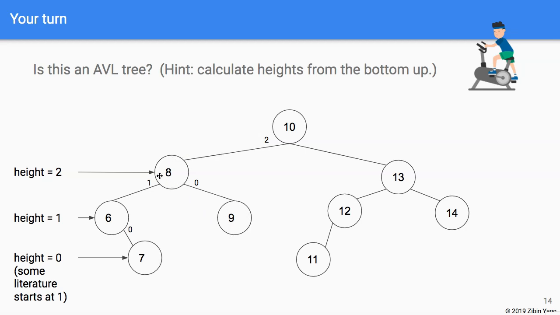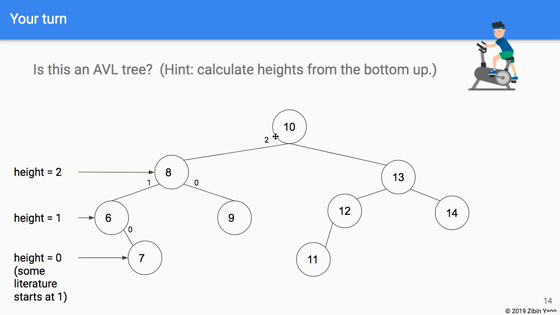Now, when we come to node 8, the left subtree is height 1 and the right subtree is height 0. Then we take the max of the two. Remember, the height is the distance to the deepest node. So the height of node 8 is the highest subtree, which is 1, plus 1 more for itself, so 2.